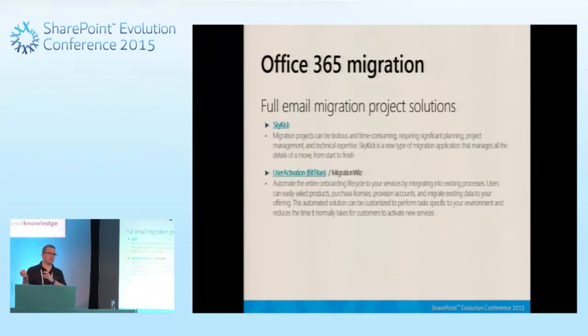Because sometimes maybe you don't have access to the Exchange environment, and then you can't use Exchange Hybrid setup, because you need to have access to the servers to be able to set it up. So if you don't have access to that, I will recommend to use a third-party tool. These are two examples. There are plenty of others.